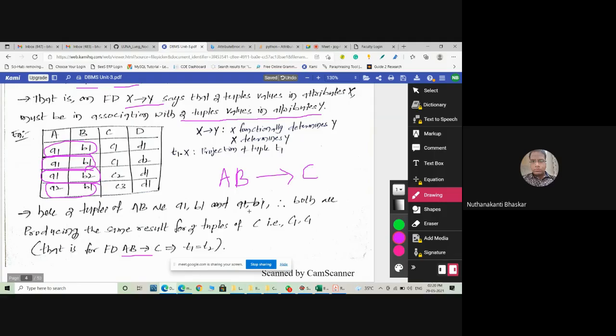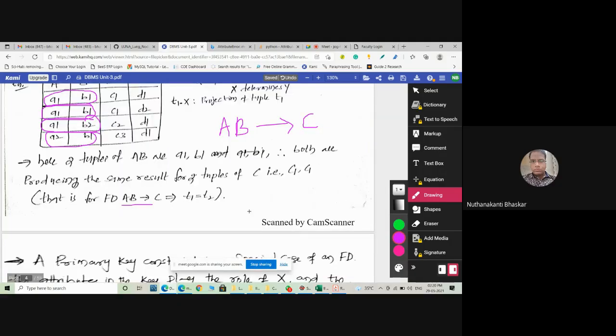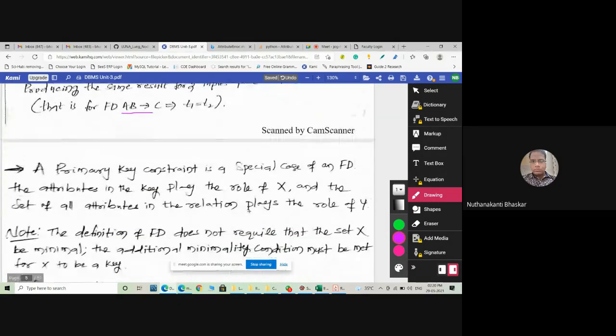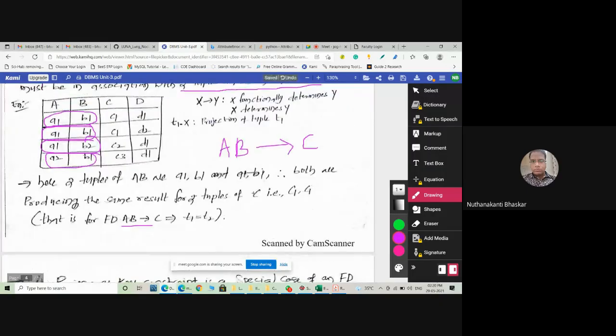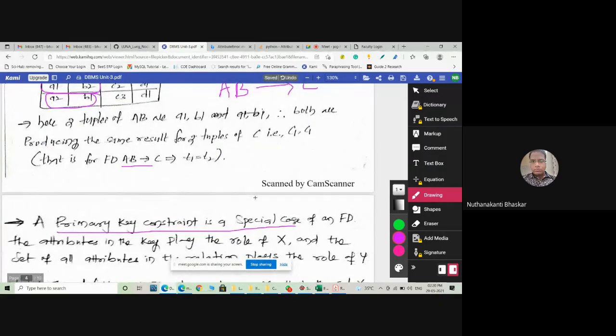Are you clear? Yes, sir. Yeah, like that, we are going to identify the functional dependencies in a given relation. Generally, if you identify a primary key, the constraint is a special case. When your table has one column as a primary key, you consider that a special case.